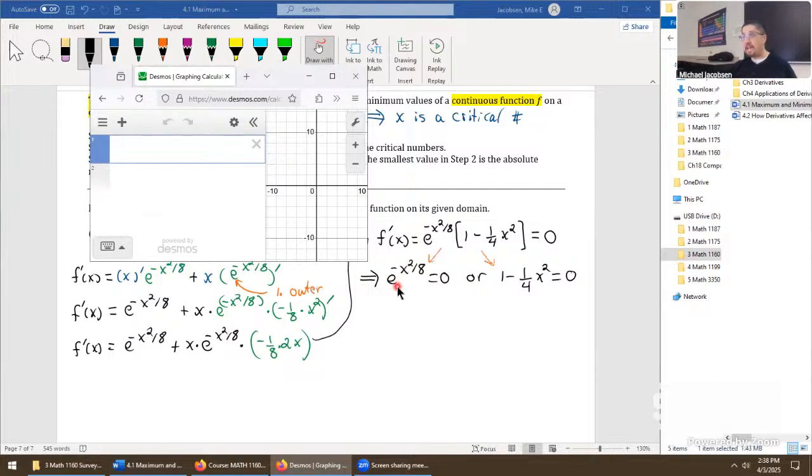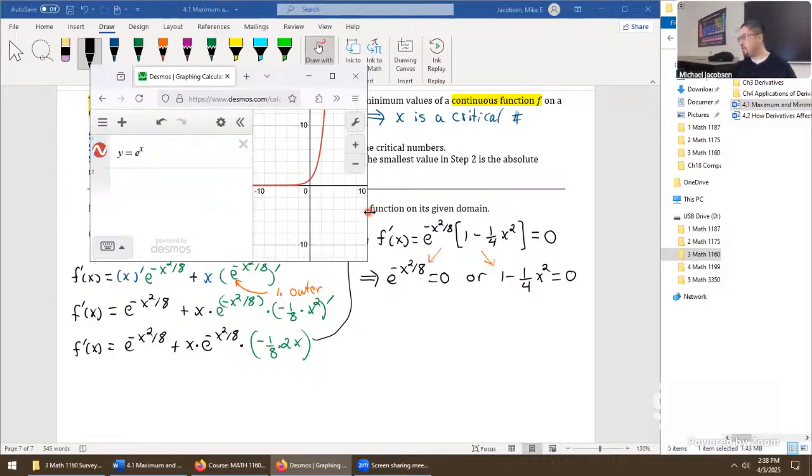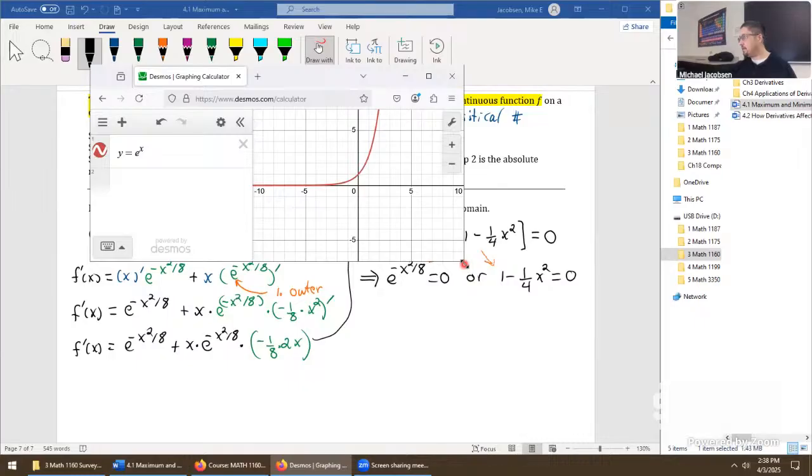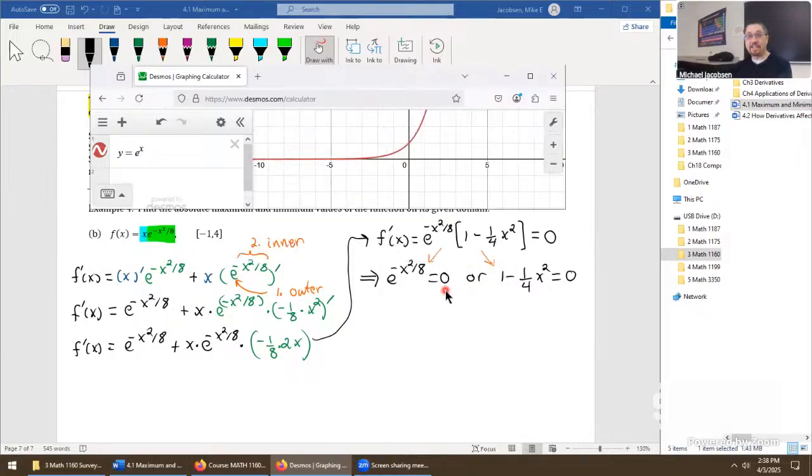Anytime you're dealing with any exponential, not just a base e one, any exponential whatsoever, you have an awesome property. Let's write this in as y equals e to the x. The property of this exponential is that it never actually hits 0. That's hard to see, right? If you're way out here, eventually Desmos is going to approximate 0, but it's an approximation. It's just a finite device.